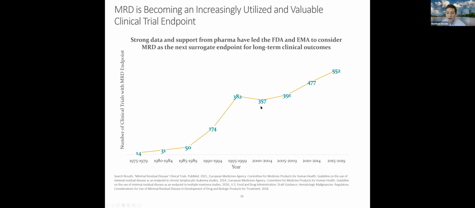And you can see as the FCR era dawned in the early 2000s, that's when we really began to have a lot of clinical trials launching that looked at MRD as an endpoint. And then I think there's been this new burst of studies looking at MRD based on the venetoclax approval. And you can see by the late 20-teens that there were over 550 studies on CLL that have looked at specifically this MRD endpoint.